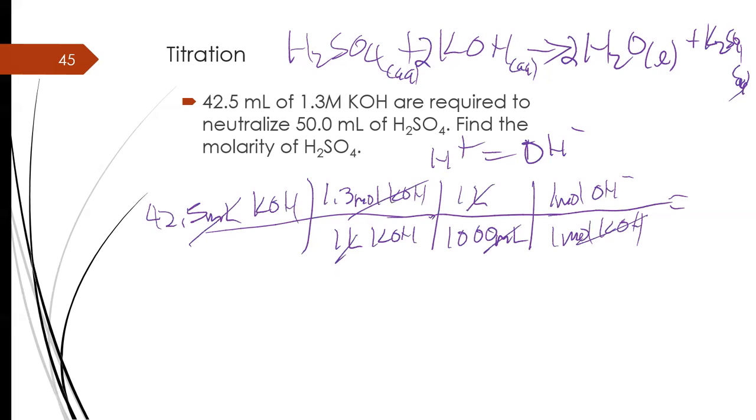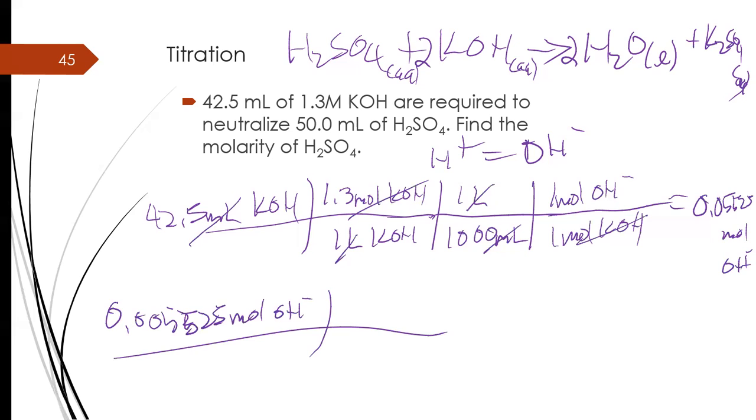So 42.5 times 1.3 divided by 1,000 tells us that we have 0.05525 moles of hydroxide. Now, we want to set the moles of our hydroxide equal to the moles of our H plus. So 0.05525 moles of hydroxide. We know 1 mole of hydroxide is equal to 1 mole of H plus.